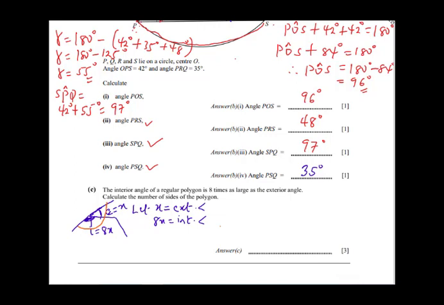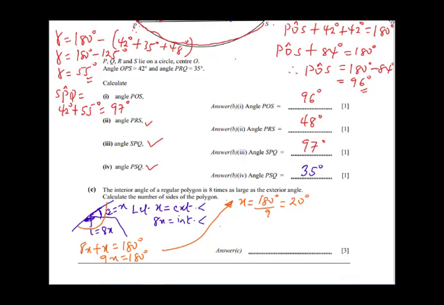So 8x plus x equals 180 degrees. 9x equals 180 degrees. So from here, we divide both sides by 9. So x equals 180 degrees divided by 9, and if we do that, we have 20 degrees.